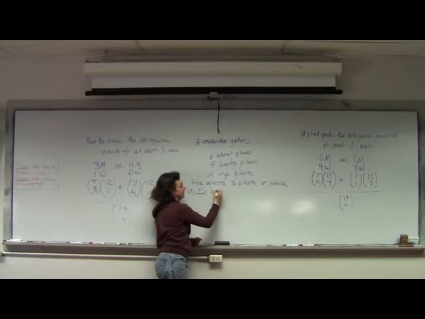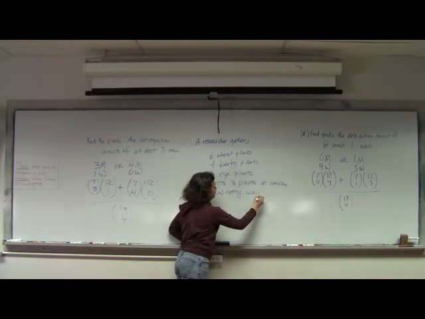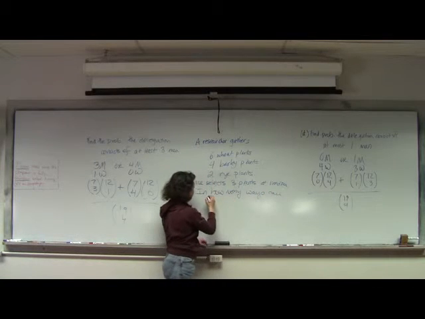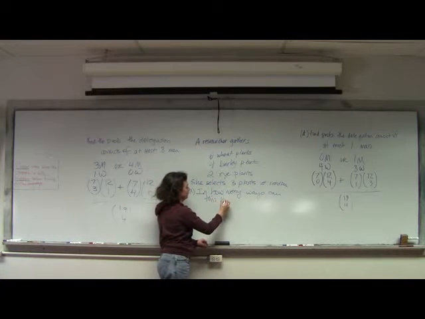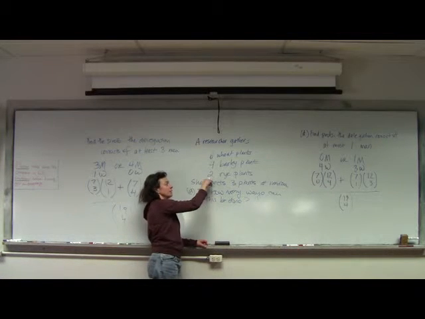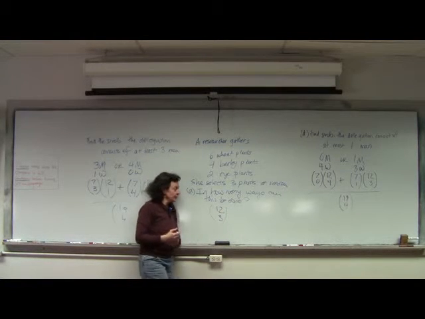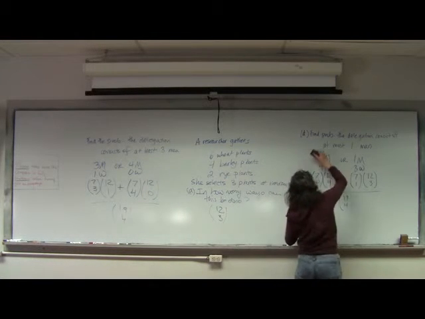Part A. In how many ways can this be done? Well, how many plants are there? You add these up. There's 12 plants, and we want to choose 3. All right.